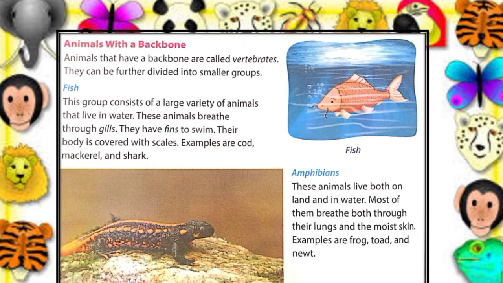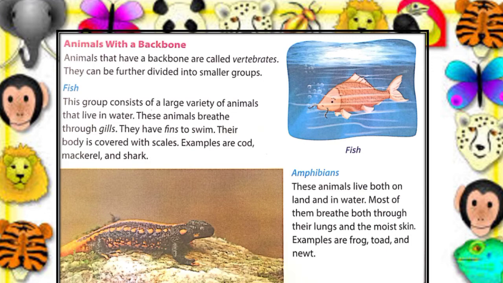Now let's understand features of fish. A fish is an animal which lives and breathes in water. All fish are vertebrates, meaning they have a backbone, and most of them breathe through their gills and have fins and scales.